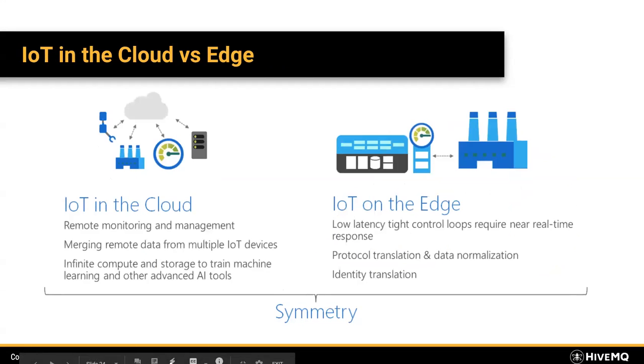Yeah, so before we go into the concrete problem, maybe just a summary and reflection on IoT in the cloud and IoT on the edge. Cloud solutions very often offer the big picture of the whole process, or the overview of all devices and machines.